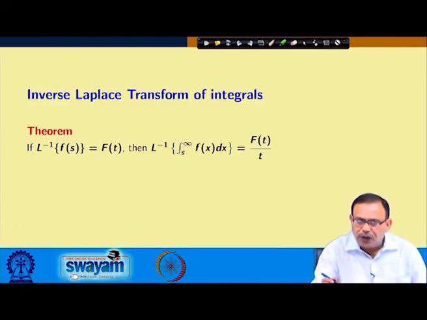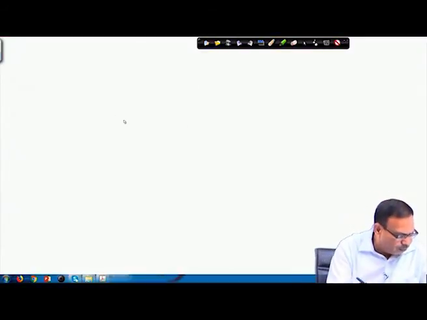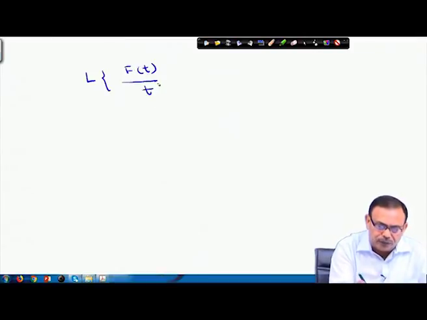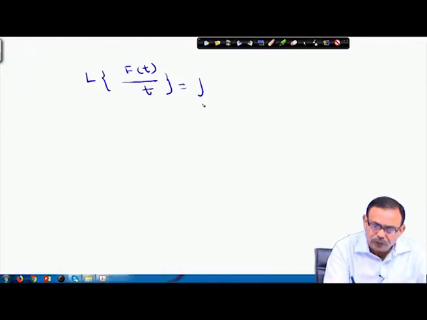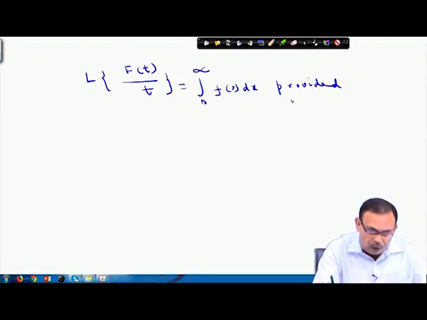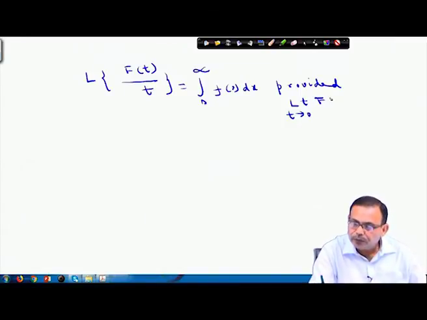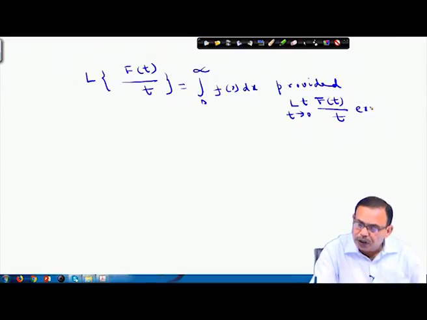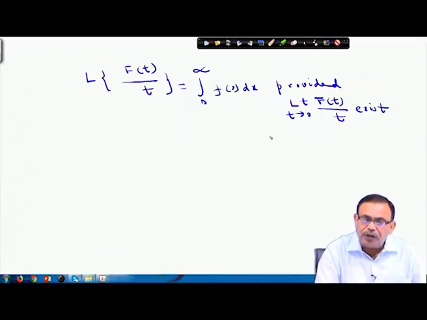For the proof of this one, we know that the Laplace transform of f(t)/t is equal to the integral from s to infinity of F(x) dx, provided, of course, that the limit as t approaches 0 of f(t)/t exists.